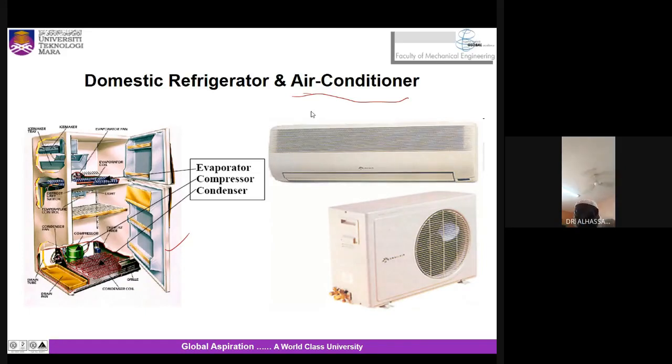So we need to finish especially refrigerators and then air conditioning before we will be able to complete the assignment. And if there is a need for me to extend a little bit, I think I will do that.